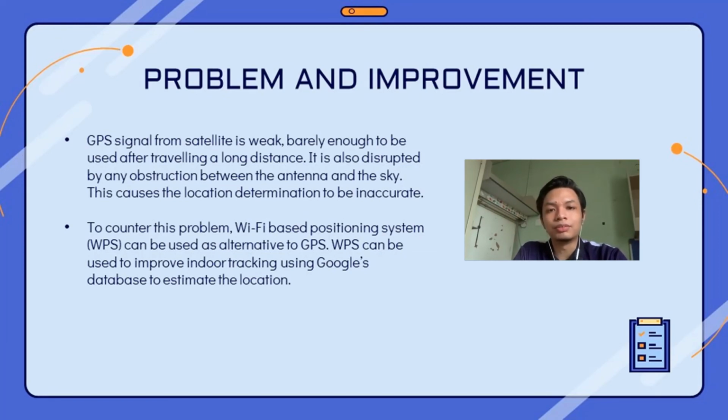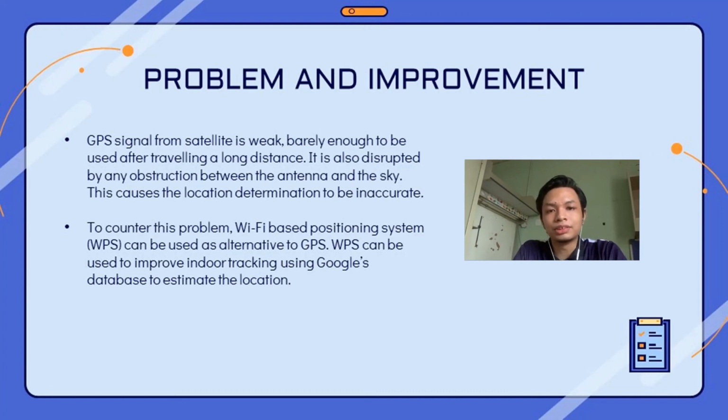After the signal travels a very long distance, it is barely enough for the GPS receiver to detect it and use it to calculate locations. Any obstruction between the antenna and the sky will further disrupt the signal.